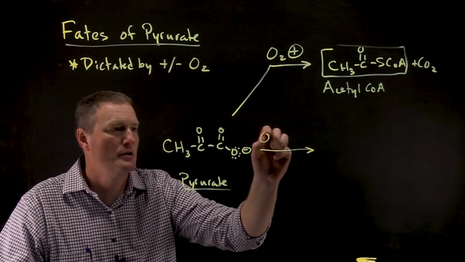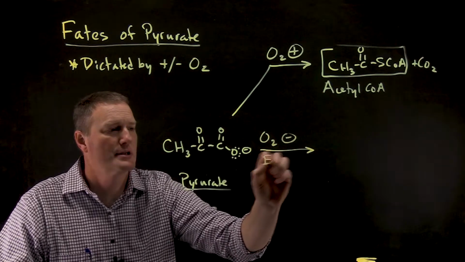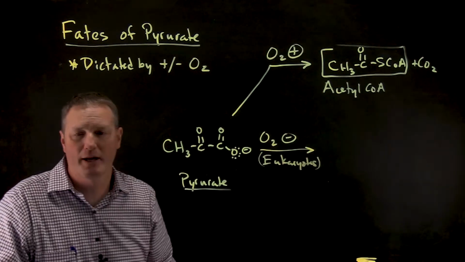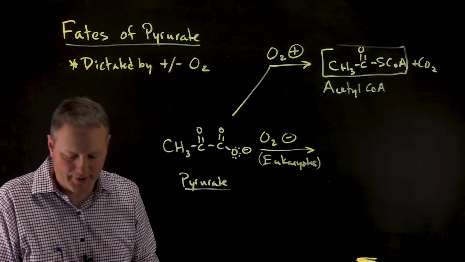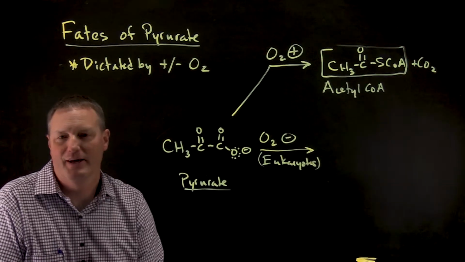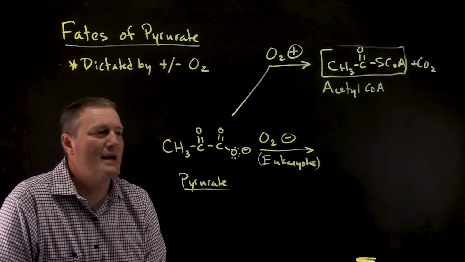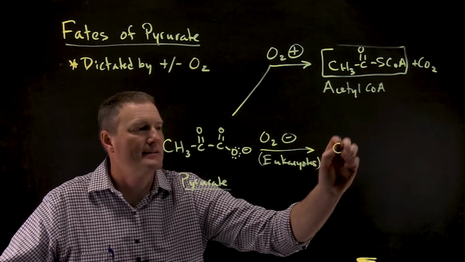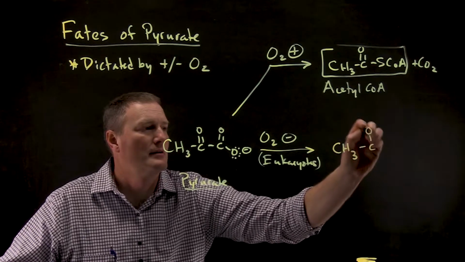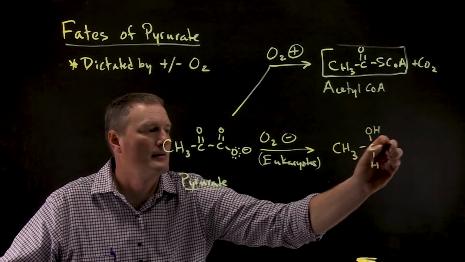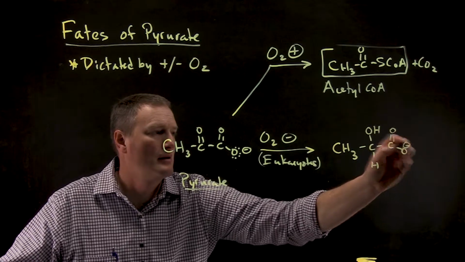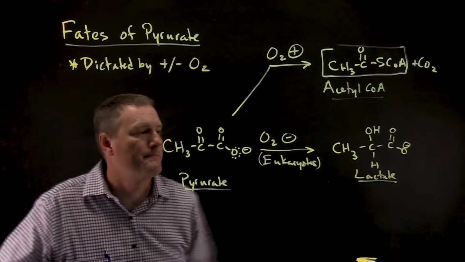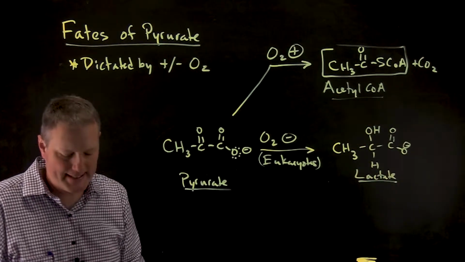When O2 is minus in eukaryotes, and by eukaryotes, I'm talking about mammals and all other higher organisms, when oxygen is not present, pyruvate is going to be converted into lactate. Okay, so there's the structure of lactate.